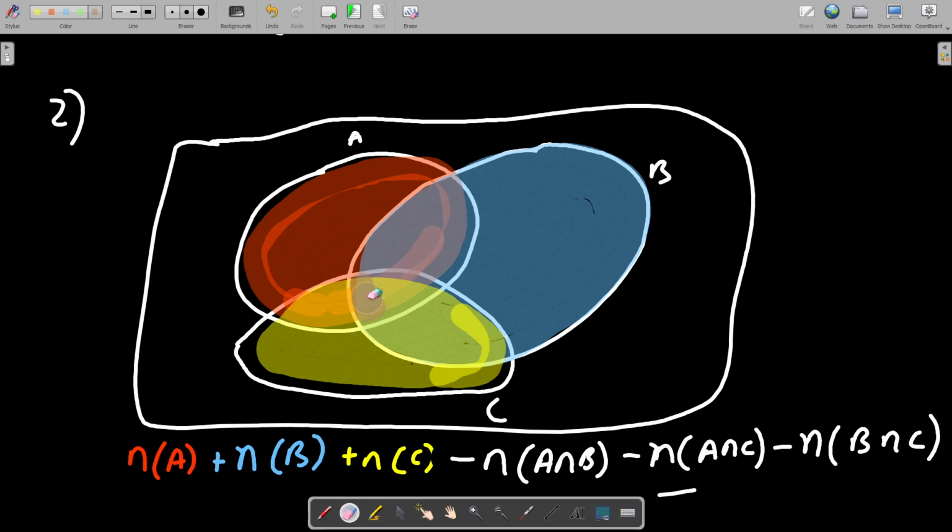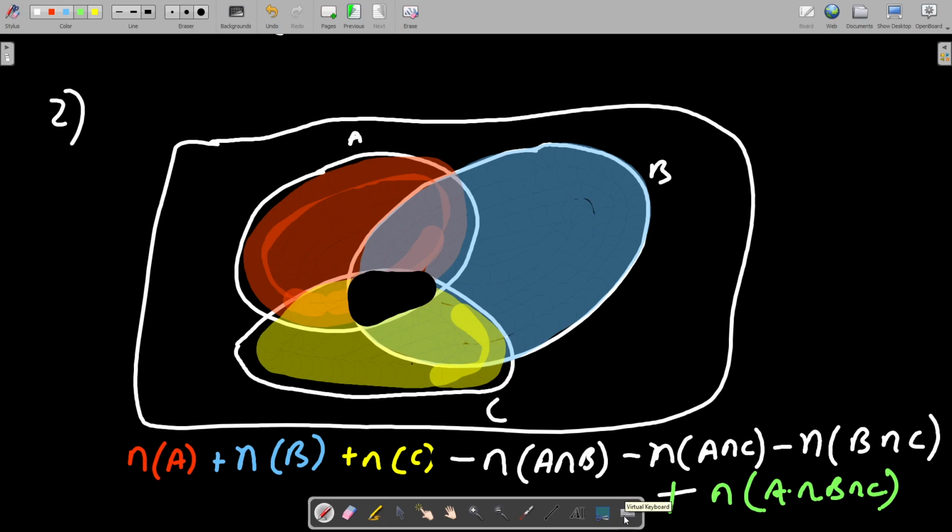Okay, I'll have to use the eraser for this. This particular region which I'm highlighting in black in the center, that got added 3 times and it got subtracted also 3 times. Okay, so that's why I have to add it back again over here. Okay, clear? Done with the diagram?